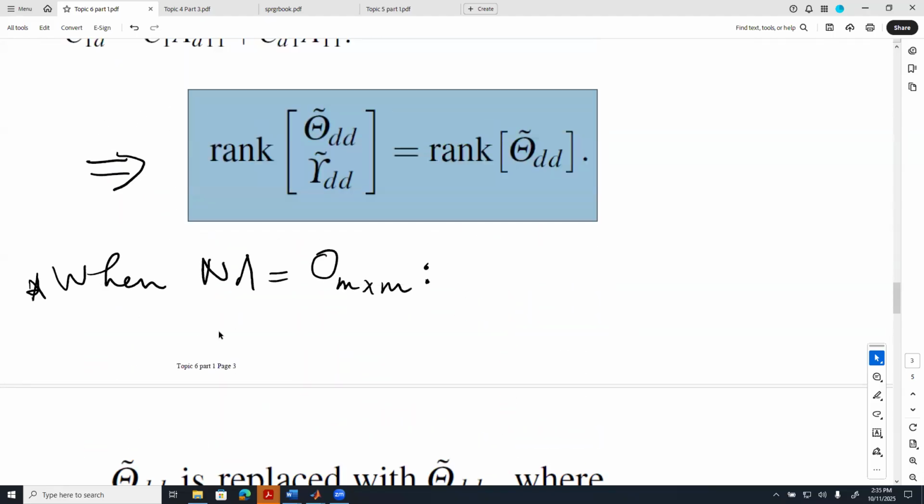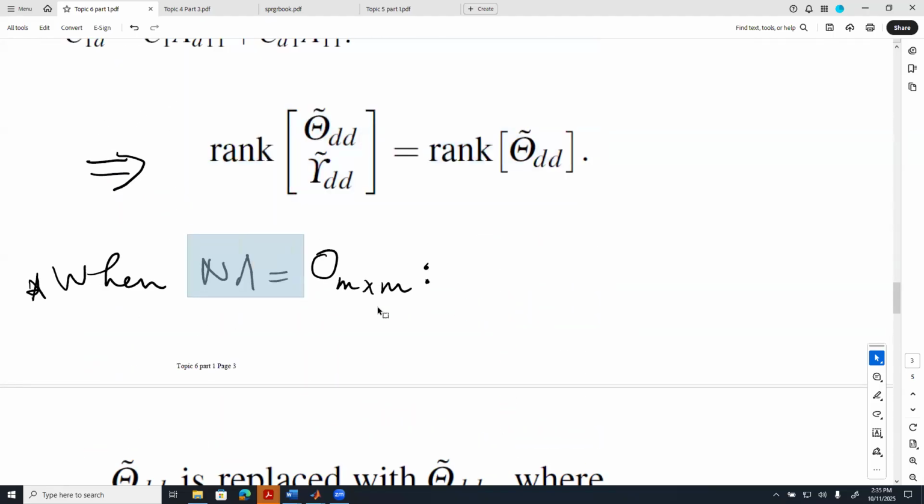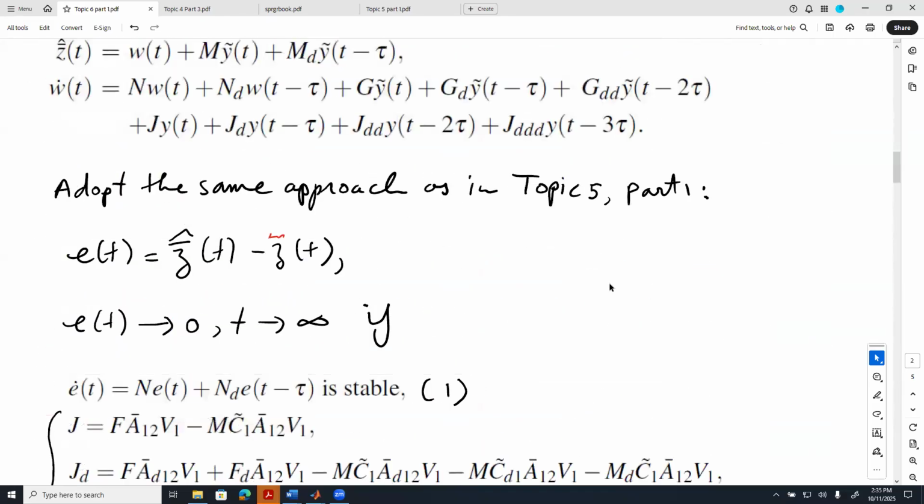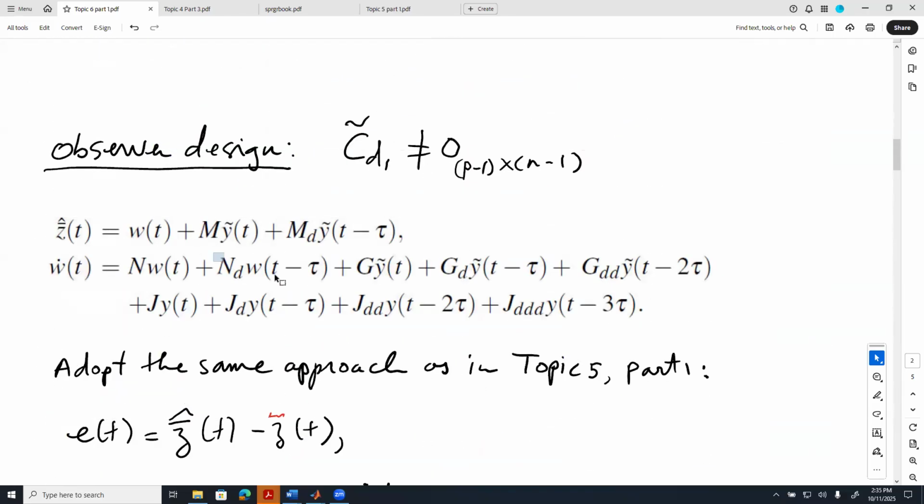The other thing that we like to say in here is when this matrix is 0, in other words, again, the observer itself is the one without internal delay.